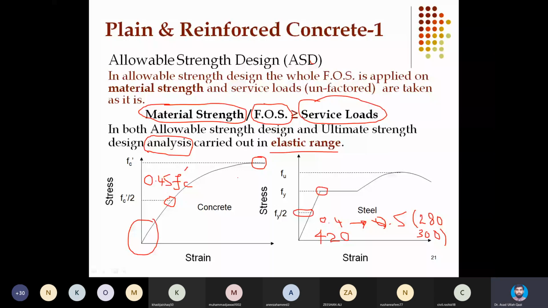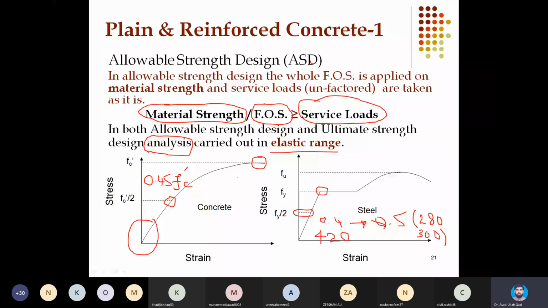However, in ultimate strength design, we will stress the materials to their non-linear limit. We will not be using the elastic range only.